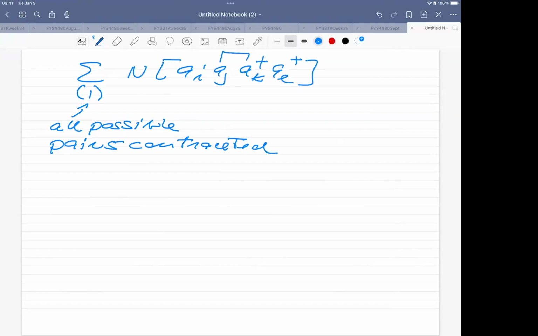That means that what this actually gives us is something like, so if you do that, this is the same as delta kj multiplied with the expectation of the normal order product. So let's just write this out because we are going to reuse this kind of notation later.